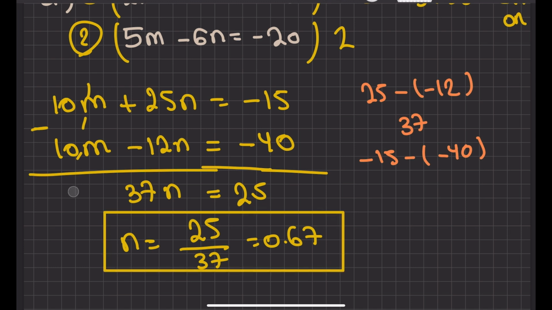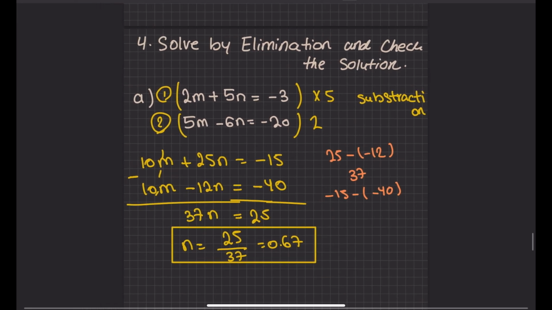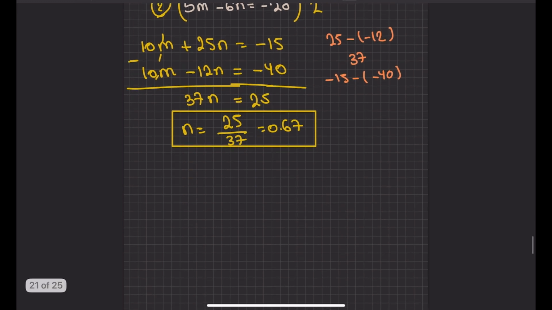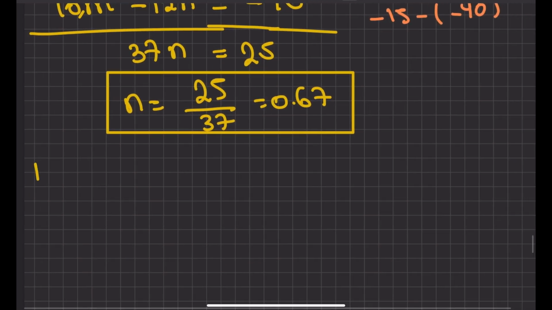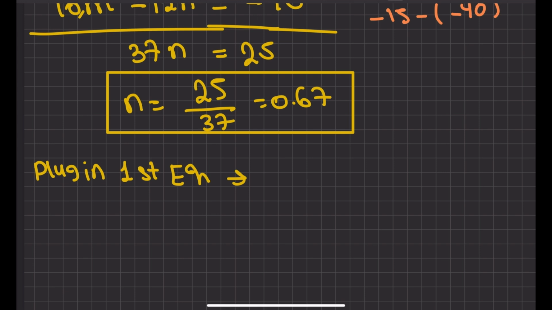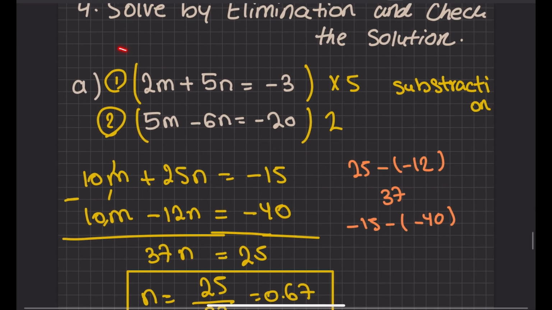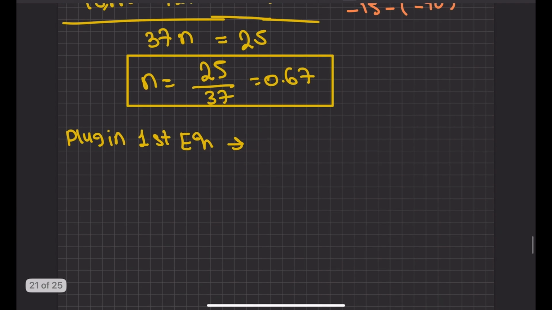So let's find m. I'm going to choose the first equation to plug in. Remember, we always have to use the original format, which is this one: 2m plus 5n equals negative 3.